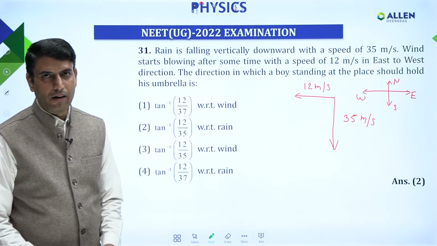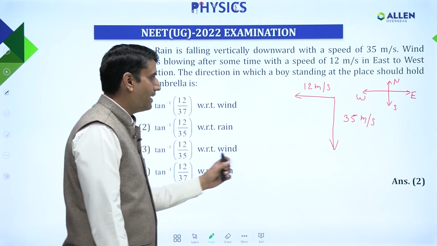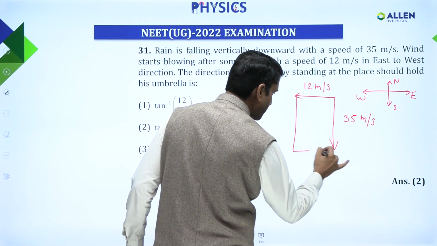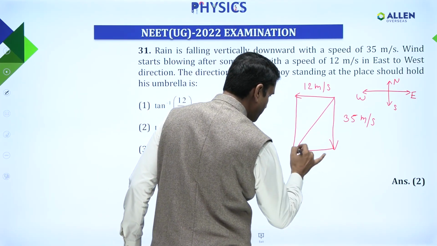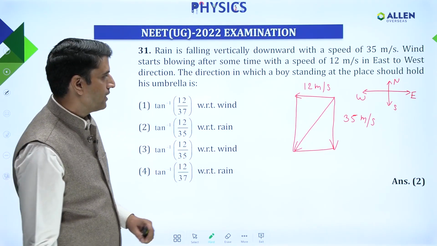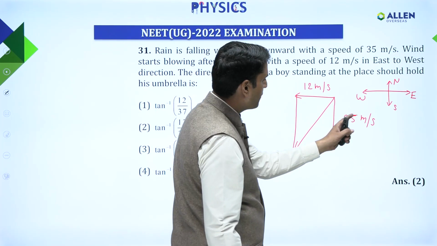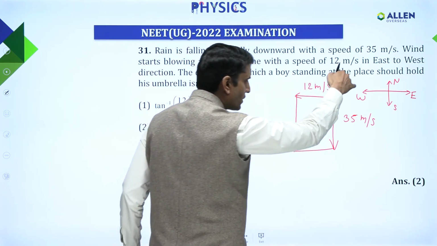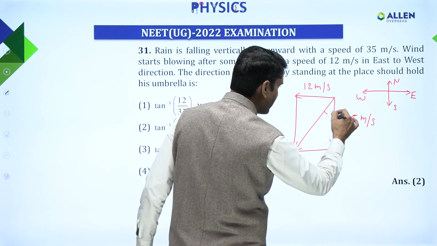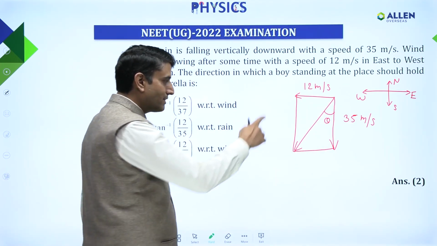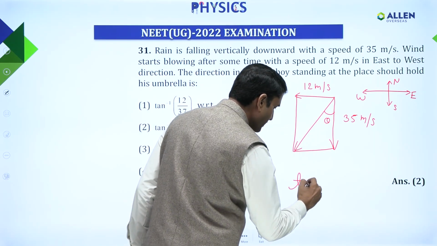Here we can see that the resultant direction of rain would be this one, according to the parallelogram rule. This is 35 meter per second, this is 12 meter per second. So we can say that with the vertical, rain is making an angle theta, and this theta can be found very easily.